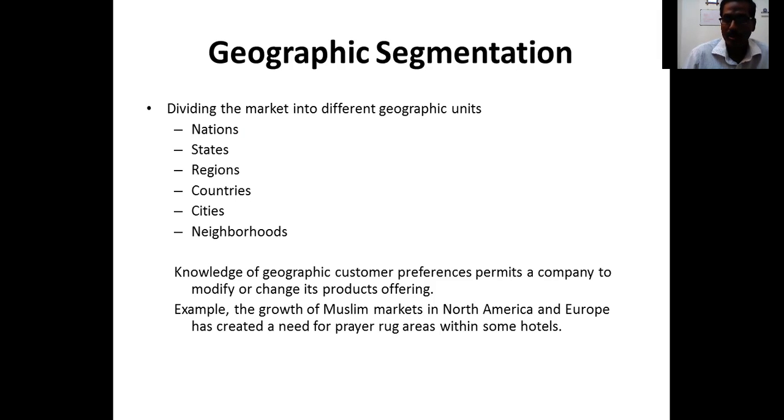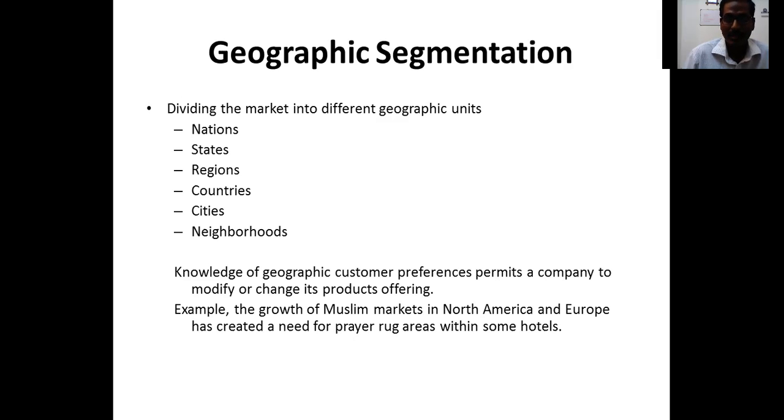The growth of Muslim markets in North America and Europe has created a need for prayer rug areas within some hotels. This is an example. The main reason is that many Arabic people from the Middle East, especially the rich, migrate to Europe and North America. Because of this, the percentage of the Muslim population in these countries is increasing.